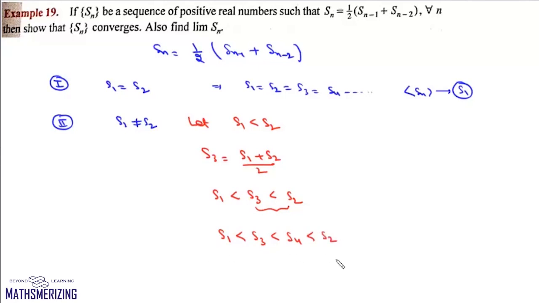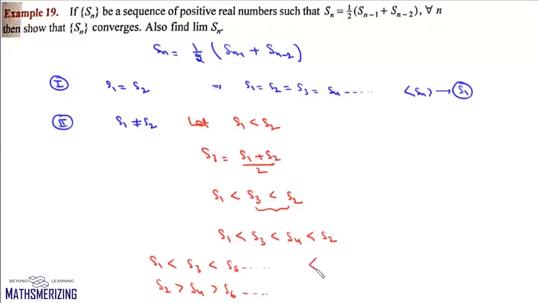So if we continue this pattern, we'll end up getting two subsequences. A subsequence of odd terms where S1 is less than S3, is less than S5, and this second subsequence where S2 is greater than S4, is greater than S6.